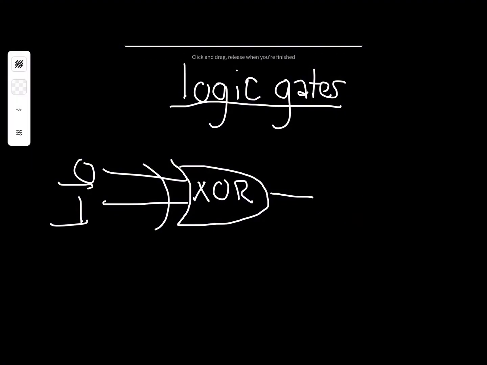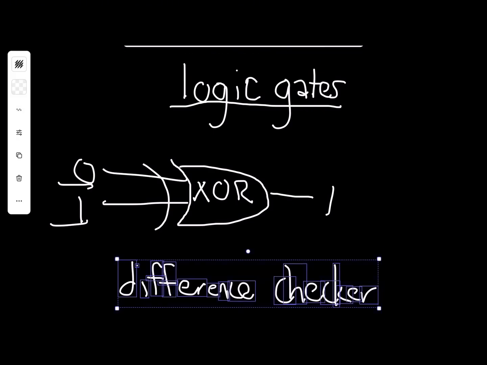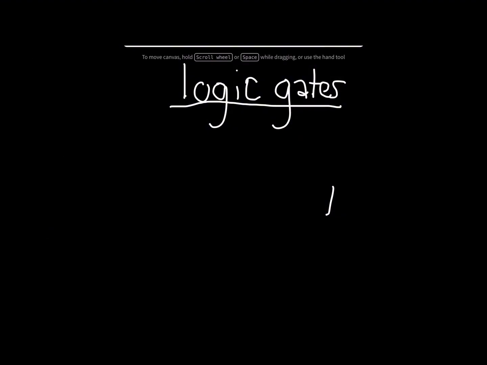It's a difference checker. The XOR does not like two of the same input. It likes two different inputs. It likes to get both flavors. That makes sense.